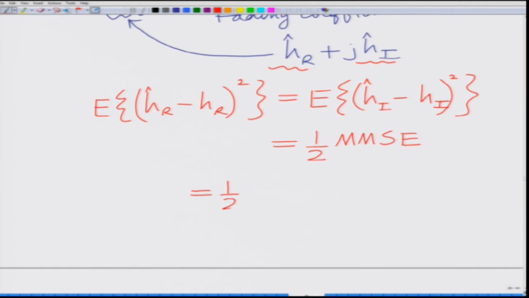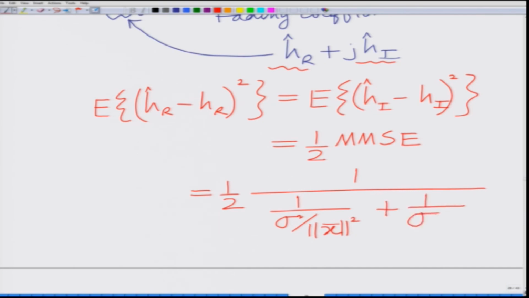So, this will be half of 1 over, sigma square divided by norm x bar square plus 1 over sigma H square.